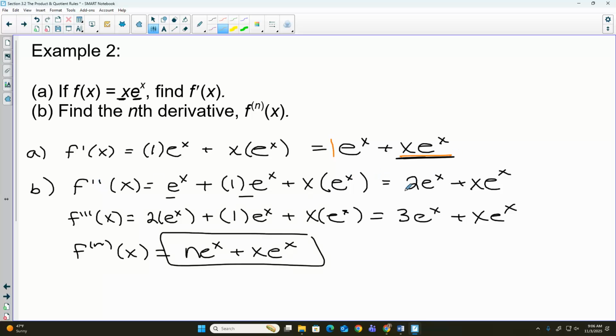Second derivative was 2 e to the x plus x e to the x. Third derivative, 3 e to the x plus x e to the x. So we can see all that's happening every time is we add another e to the x. All right. Questions on this?